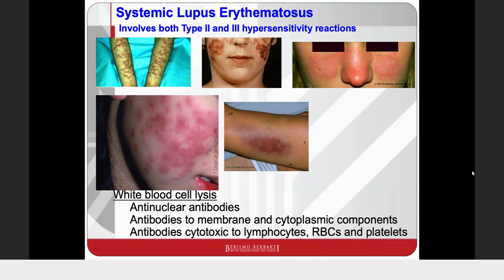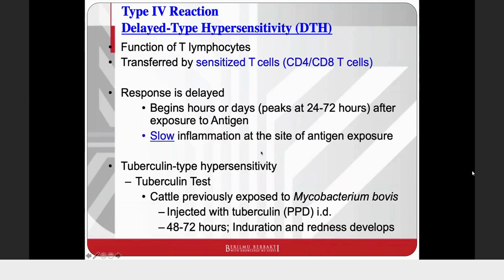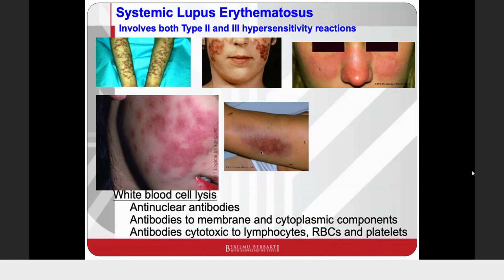So you can see generalized reactions. This is an example in human. In dogs we also see lupus, only that it is probably underdiagnosed, particularly in Malaysia. We will get into lupus more in autoimmune disease.